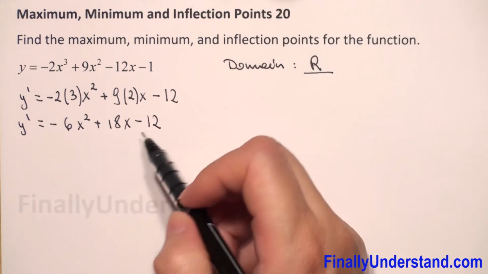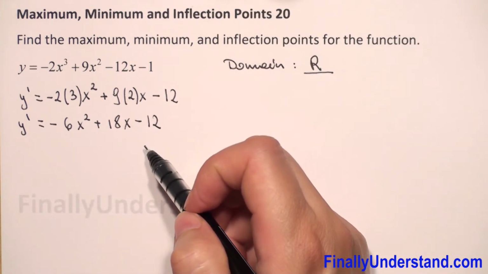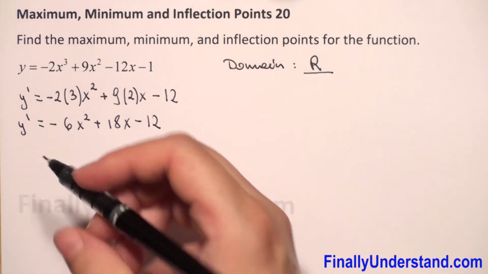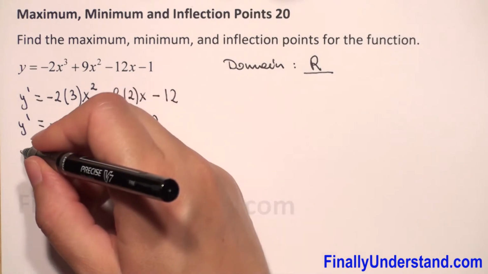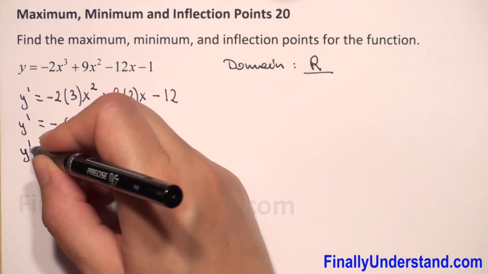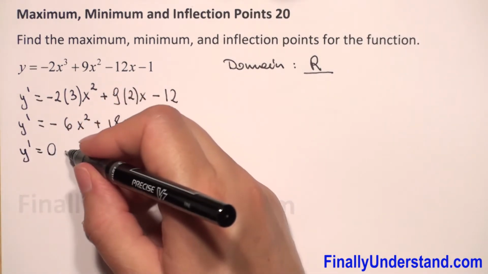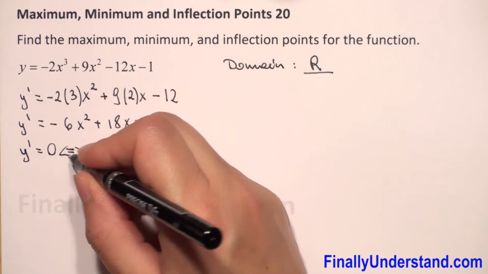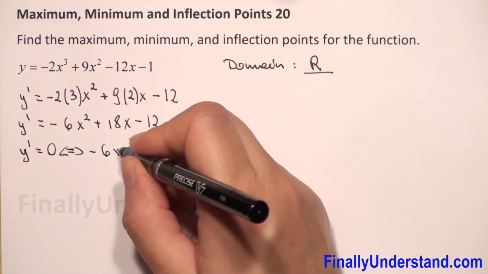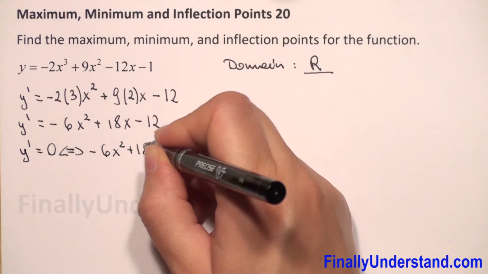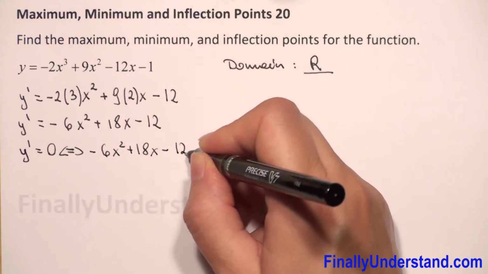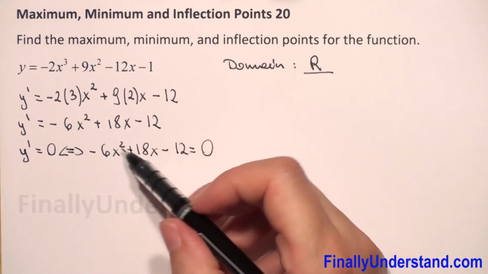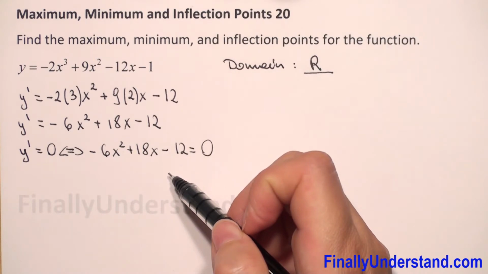We have the first derivative. Next, we have to find critical values. So we have to check when y prime is equal to 0, if and only if negative 6x squared plus 18x minus 12 is equal to 0. We have a quadratic equation.